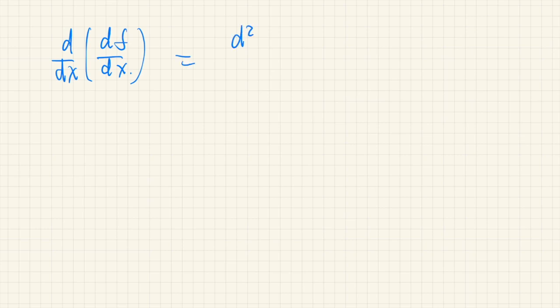So let's define the notion of higher derivatives or higher order derivatives. We have already defined the derivative of a function f like this. And we can differentiate this again. This one we write like this, d2 f over dx squared, or we can write f double prime as we have already seen.